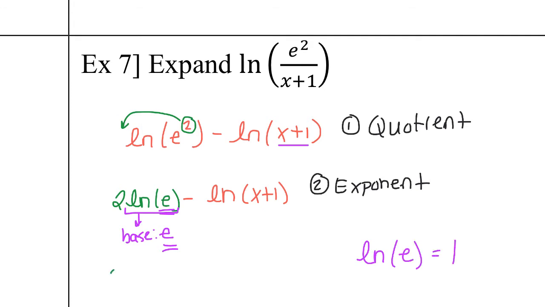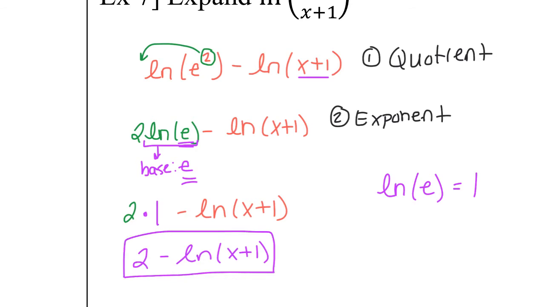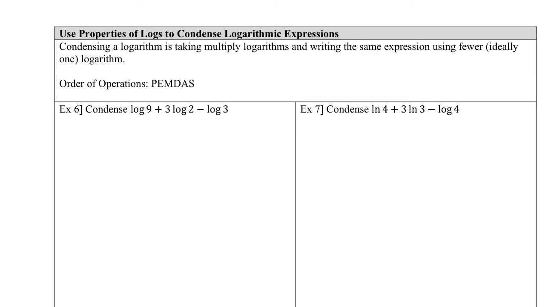So what we really have here is 2 times 1, then minus natural log of x plus 1. And well, 2 times 1 is simply 2. So again, same base and argument means it's going to be equal to a 1. So that was expanding logarithms.